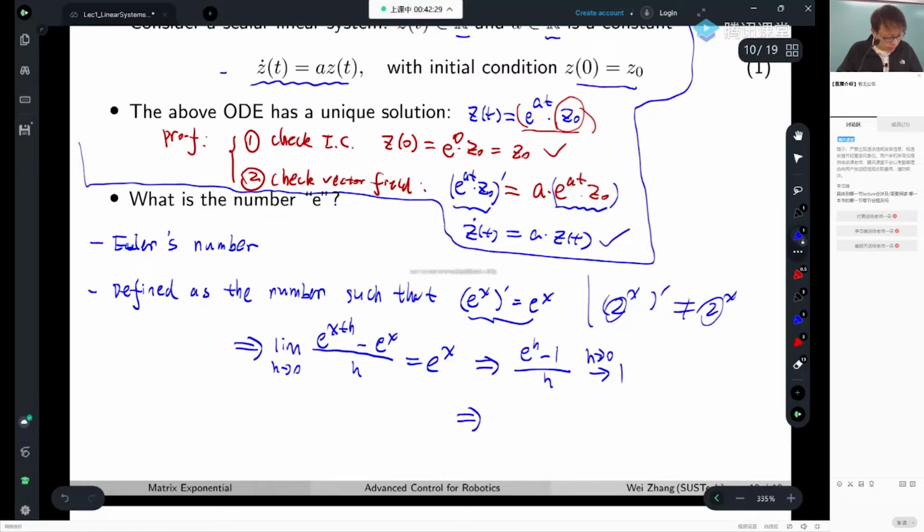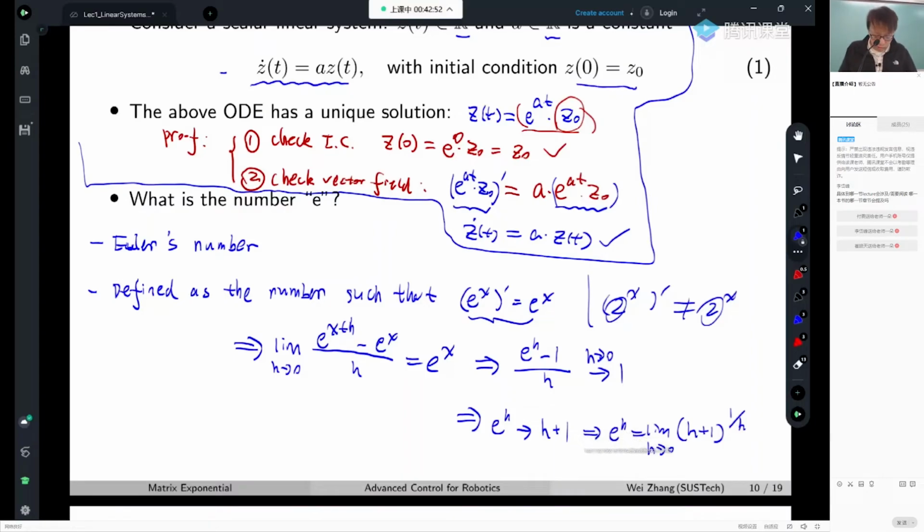So that means E to the H has to converge to 1 plus H. That means E to the H has to equal the limit as H goes to 0 of 1 plus H over H. That's one version of it. Of course, you can make N go to infinity and things like that. All right. So this all gives you some kind of number, and make sure that number is 2.7. I forgot, but something above 2 and below 3, right? That's how E was defined.